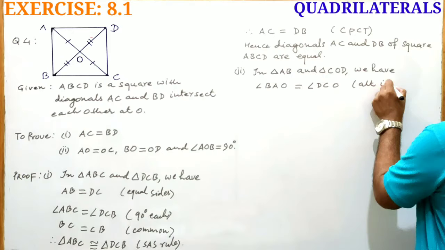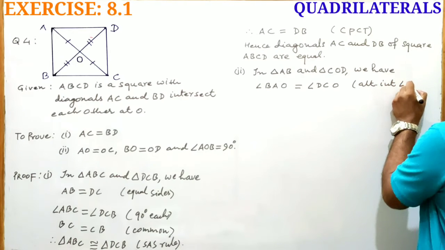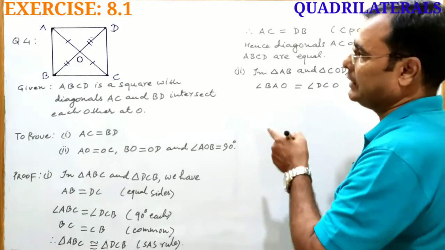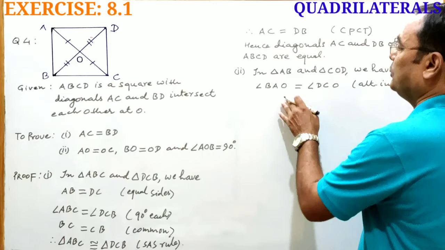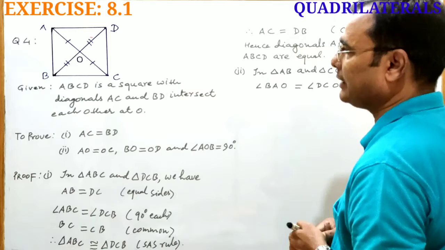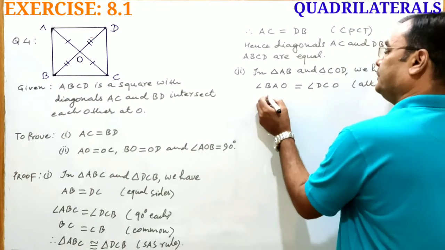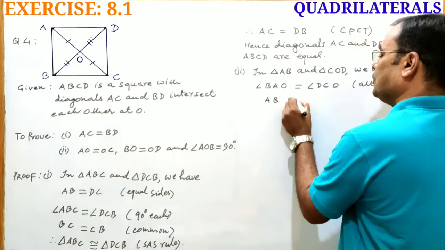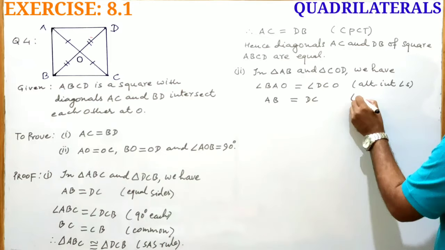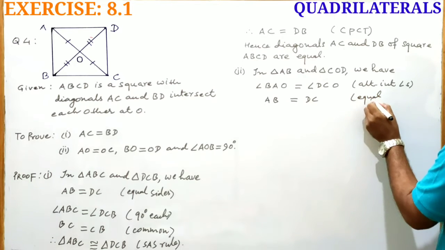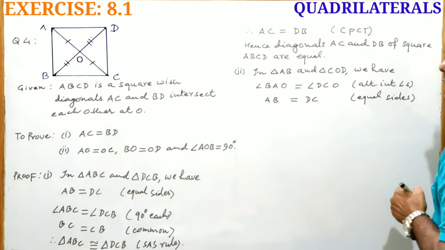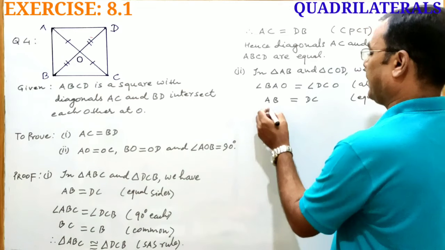Alternate interior angles are equal because ABCD is a square, AB is parallel to DC and AC is transversal. So angle BAO is equal to angle DCO, alternate interior angles are equal. AB is equal to DC. Equal sides of square are equal, so AB equal to DC.